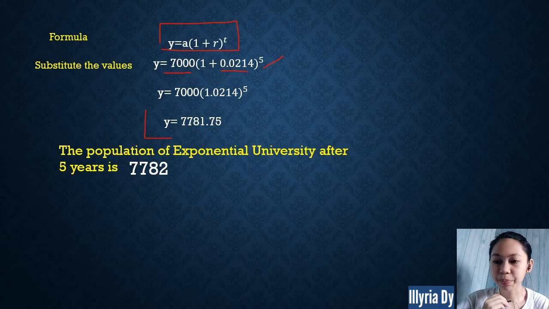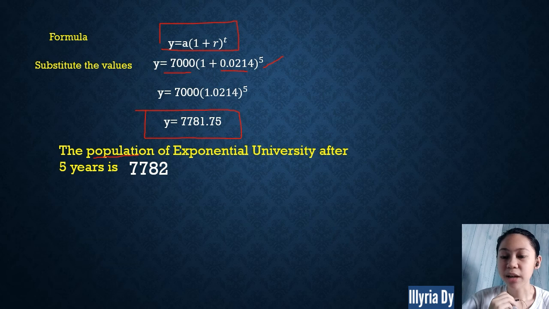And we will get y equals 7,781.75. Since we talked about population, we will need to round it to the nearest ones, or to the nearest person, and we will get 7,782 as the population of Exponential University after 5 years.